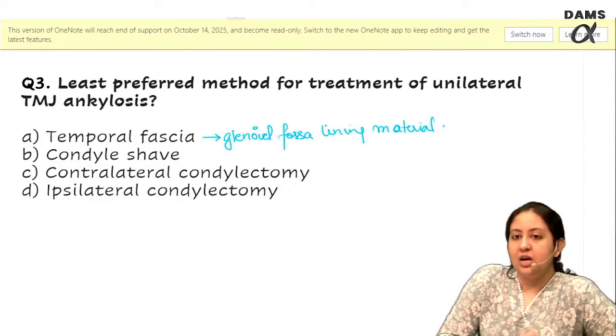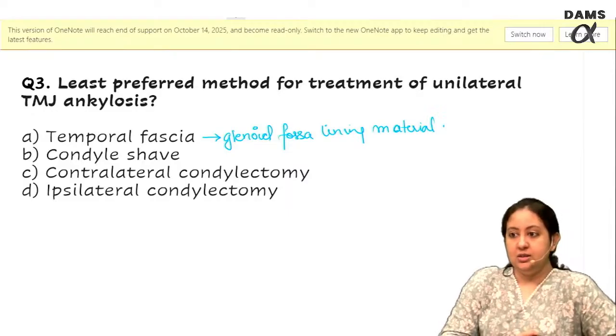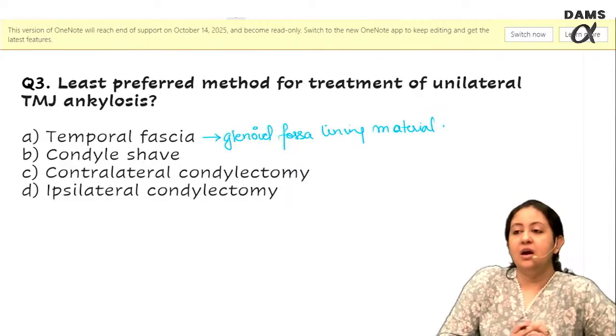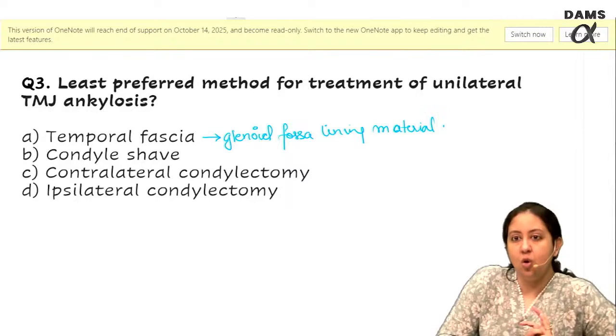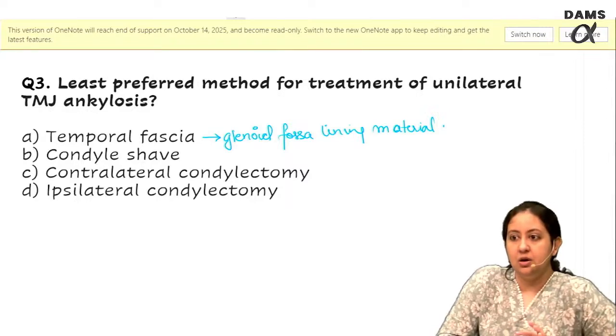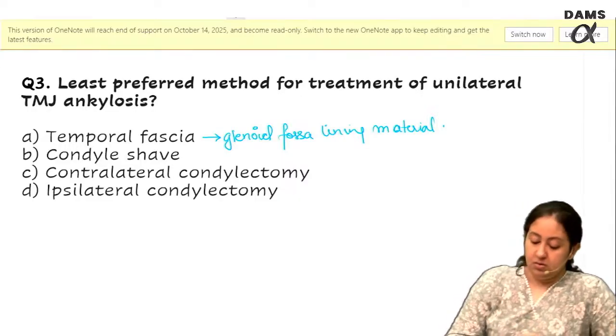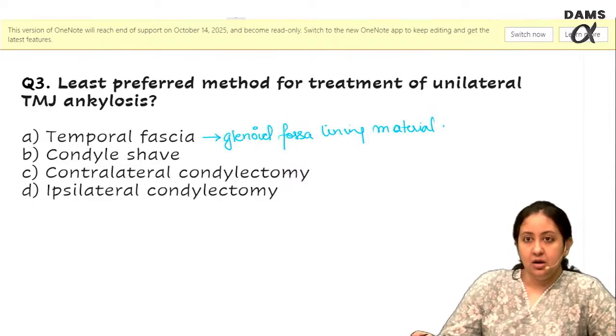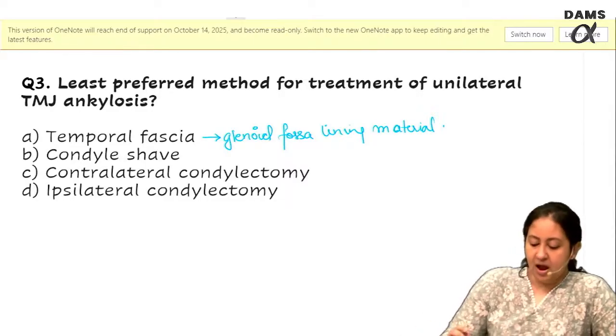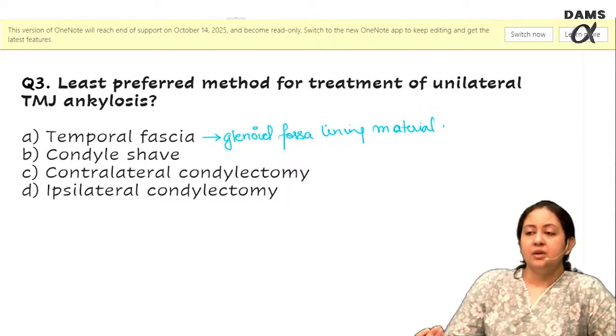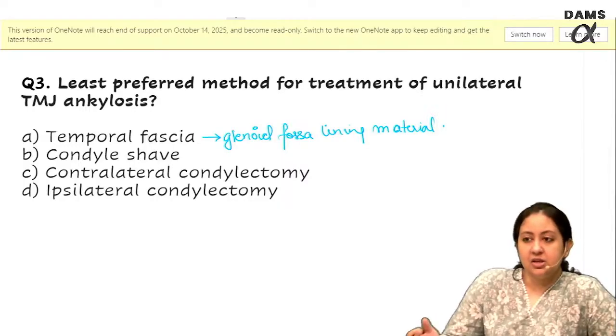So if we now look at the other 3 options, they are all wrong. But amongst these 3, we still have to pick out the option which is not at all used in the treatment. Condylar shave is not usually recommended for ankylosis, but it can be used for very mild fibrous ankylosis.